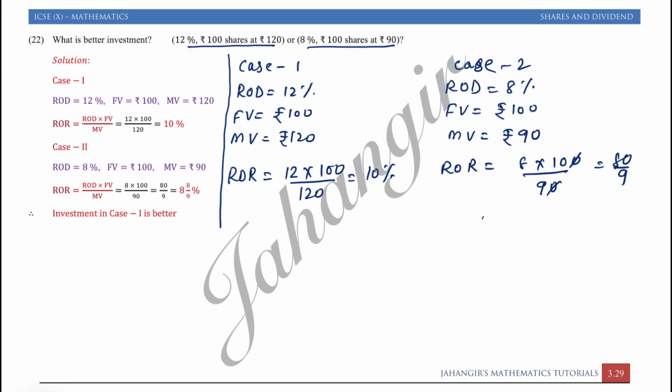So 9 8s are 72, 8 remainder upon 9%. So here we have 8 by 9, here we have 10%. So therefore we can say the investment in case 1 is better.